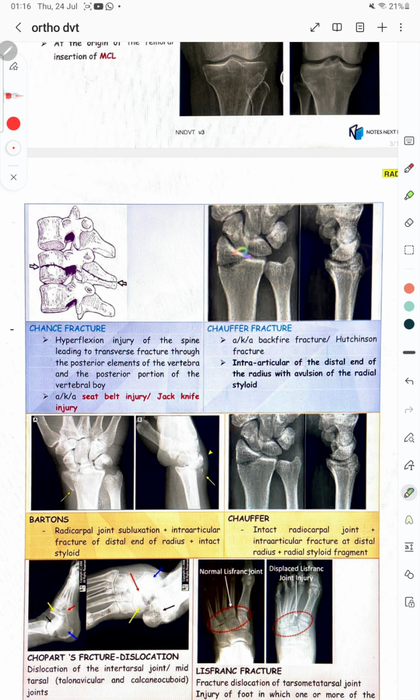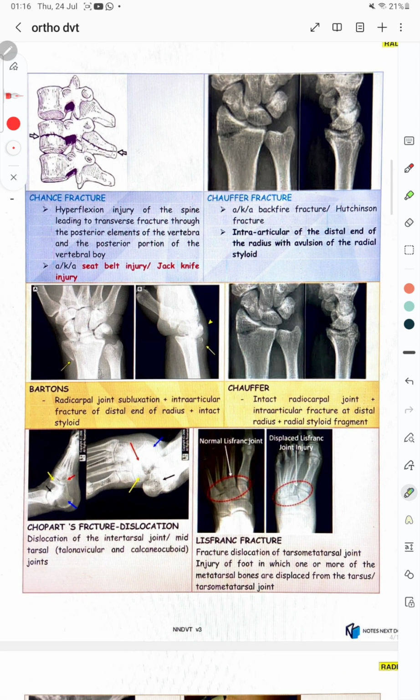It is an intra-articular fracture of distal end of the radius with avulsion of the radial styloid, which is Schoffer's. So wherever you see avulsion of radial styloid, go for Schoffer's. Wherever you see through and through fracture in vertebra, that is chance fracture seen in seat belt injury or jackknife injury.